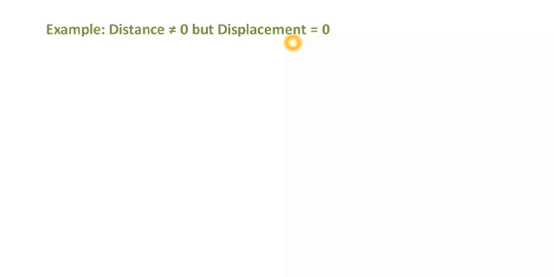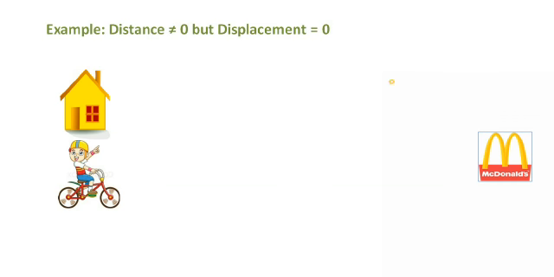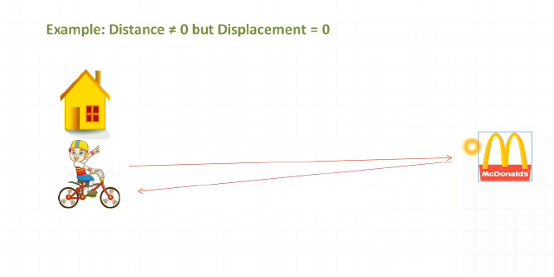Now let's look at the scenario. Let's again consider the same boy who starts from his home and goes to McDonald's. And what happens when he reaches McDonald's? Say for instance he forgot his purse and he comes back to his home. So what is the distance?